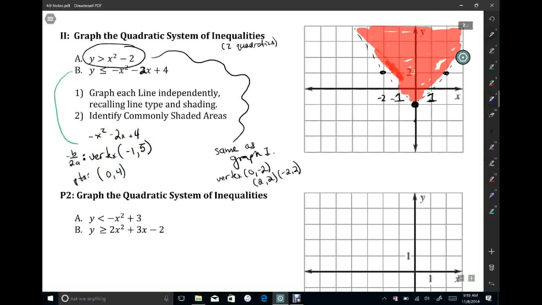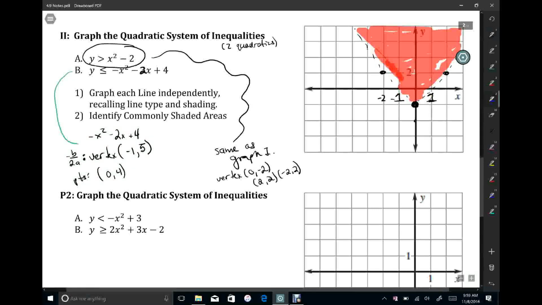So negative 1 on the x and up 5. Sorry if the scale's throwing you off, but really you'll be okay.